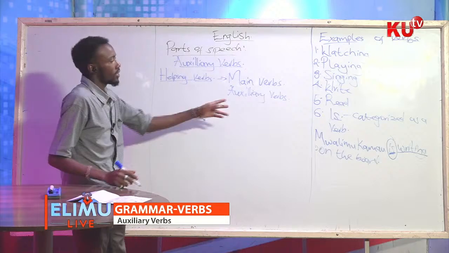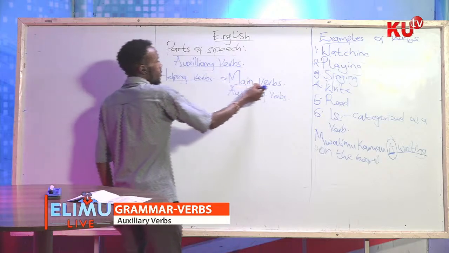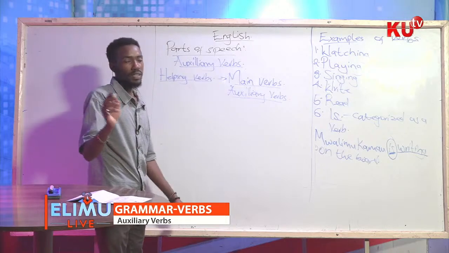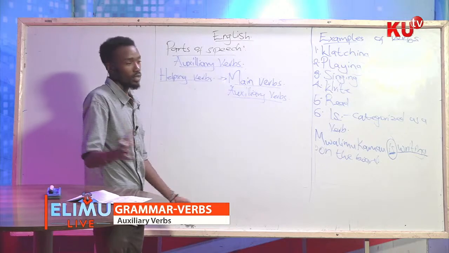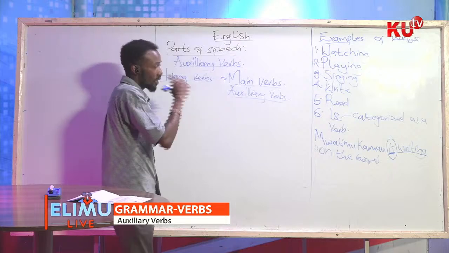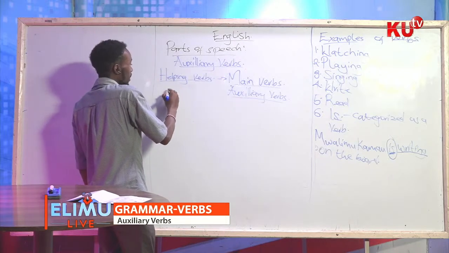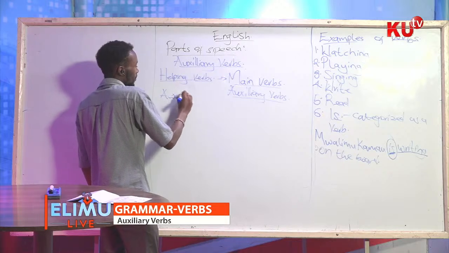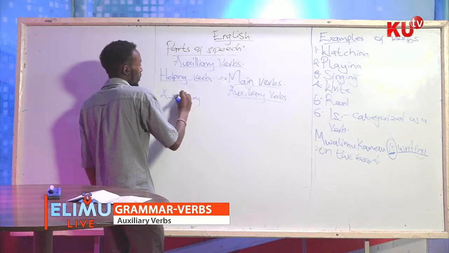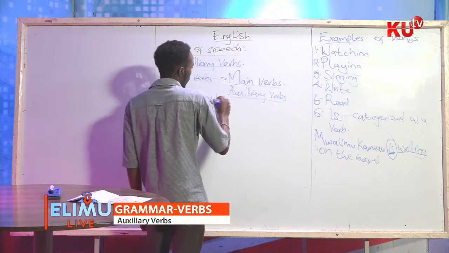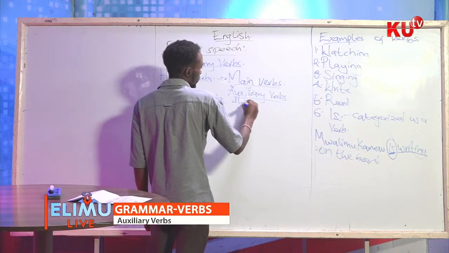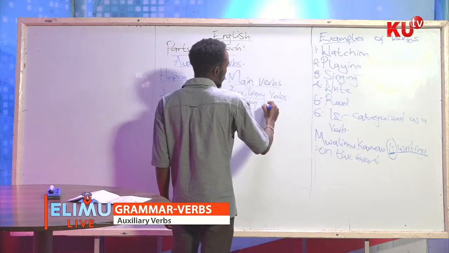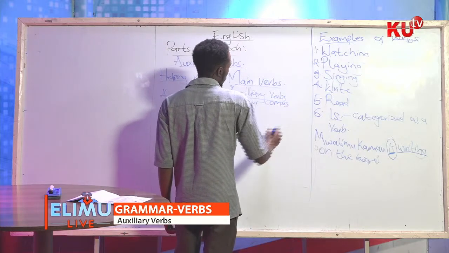Now, when we look at the main verb and the auxiliary verb, most of the time you are going to find, and it's almost a rule, and it should be a rule, that the auxiliary verb always comes before the main verb.